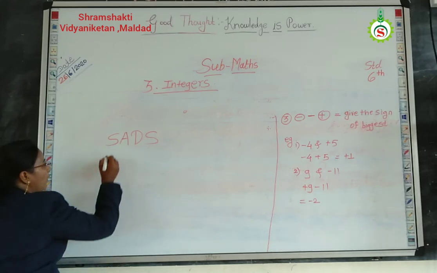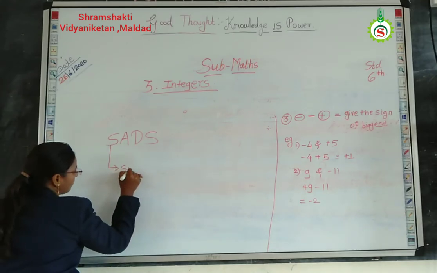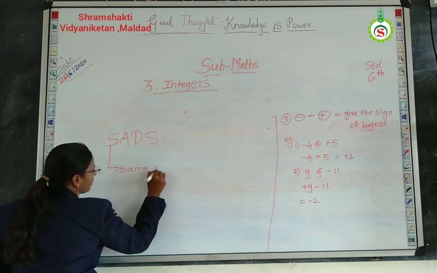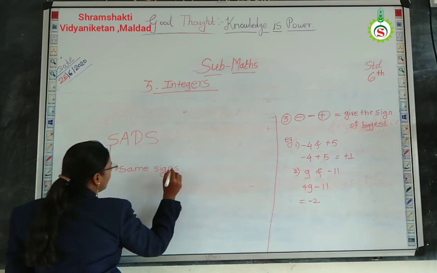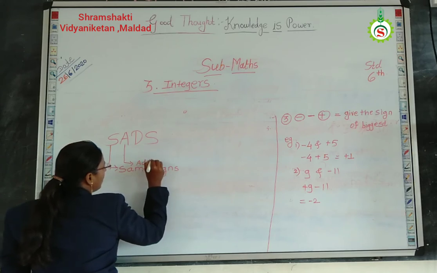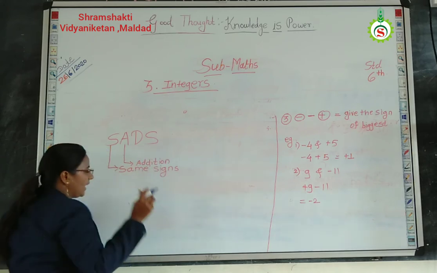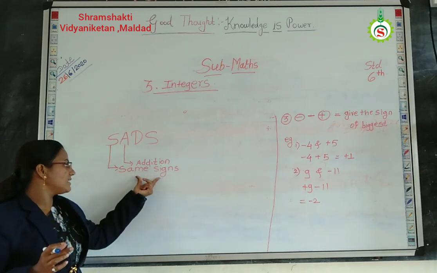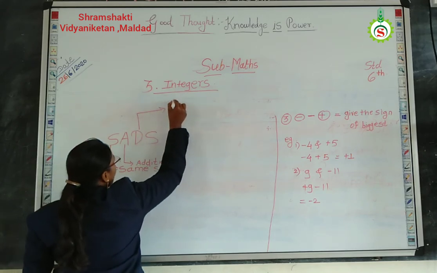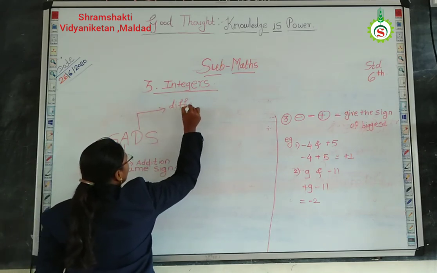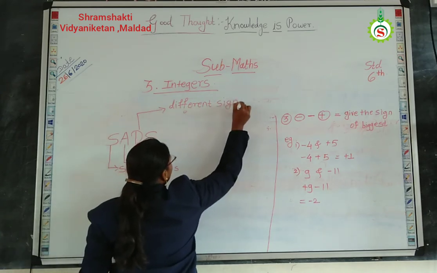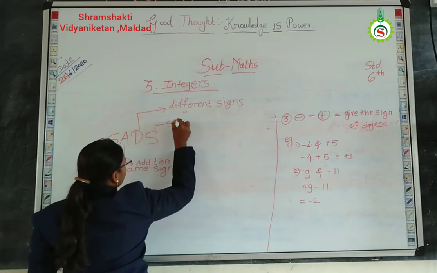SDAS means: when the signs are same, then do addition. When the signs of the integers are the same, then do addition. And when the signs of the integers are different, then do subtraction.